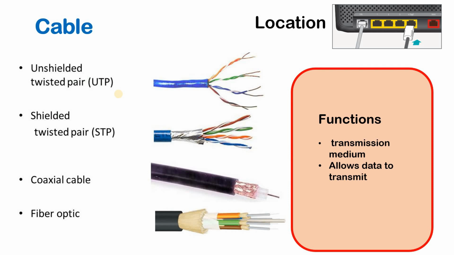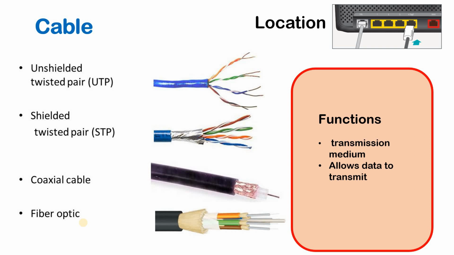We can classify cable into 4 categories: unshielded, shielded, coaxial cable and fiber optical. Actually, we are using several kinds of network components, but to connect them, we need a cable. So those are the types of cables.